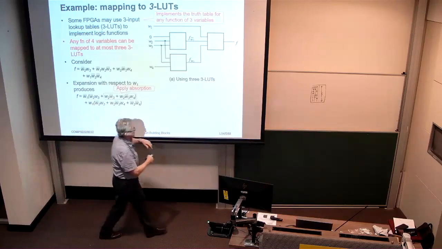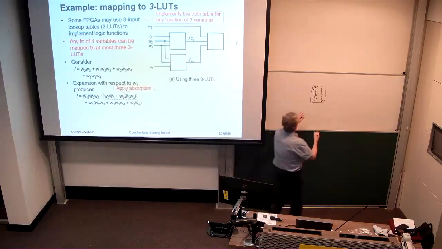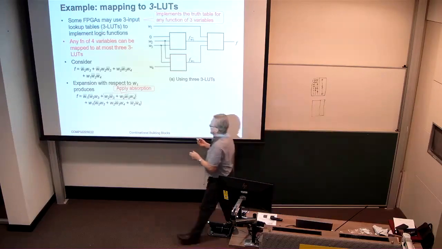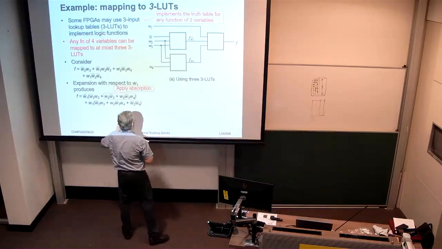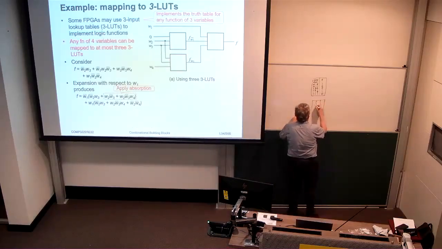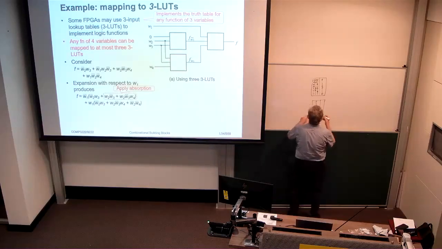And what's the other lookup table? What is it going to look like? Well, it's going to have not W2, W3. So 0, 1, 2, 3, 4, 5, 6, 7. Not W2, W3.